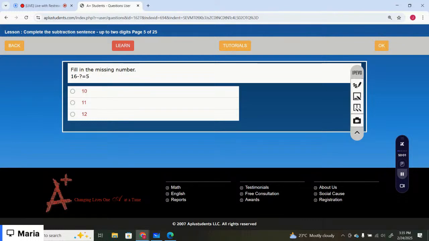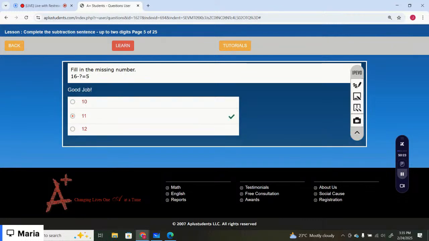Fill in the missing number. 16 take away what number equals 5? That is 16 take away 11 is 5. Option number 2 is the correct option.